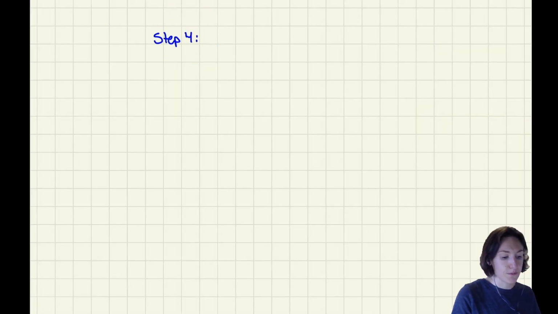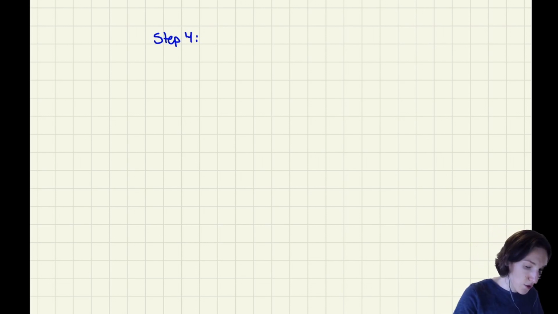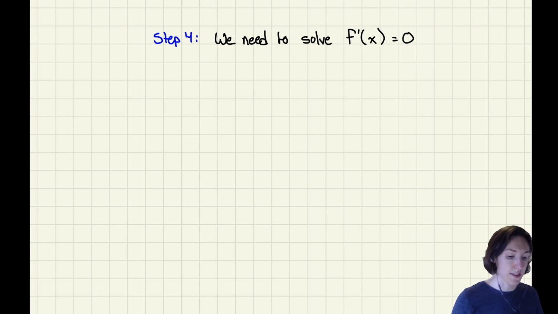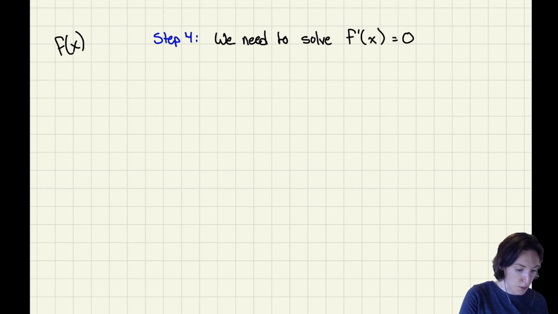Okay, so step 4. This is finding our critical points. We need to solve f prime of x equal to 0. Remember, I'll put what f of x was here on the side, just so we don't forget. So what is f prime of x?